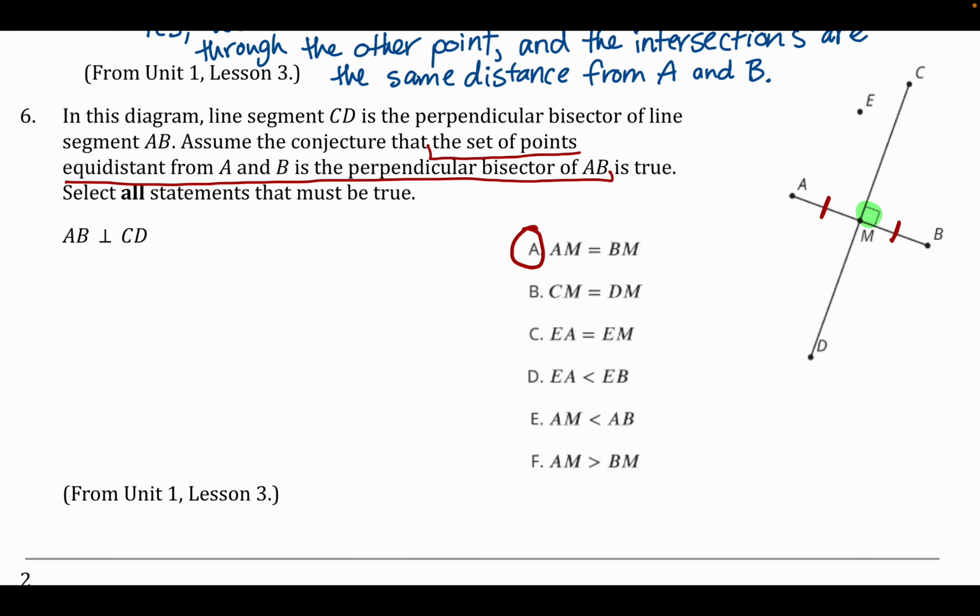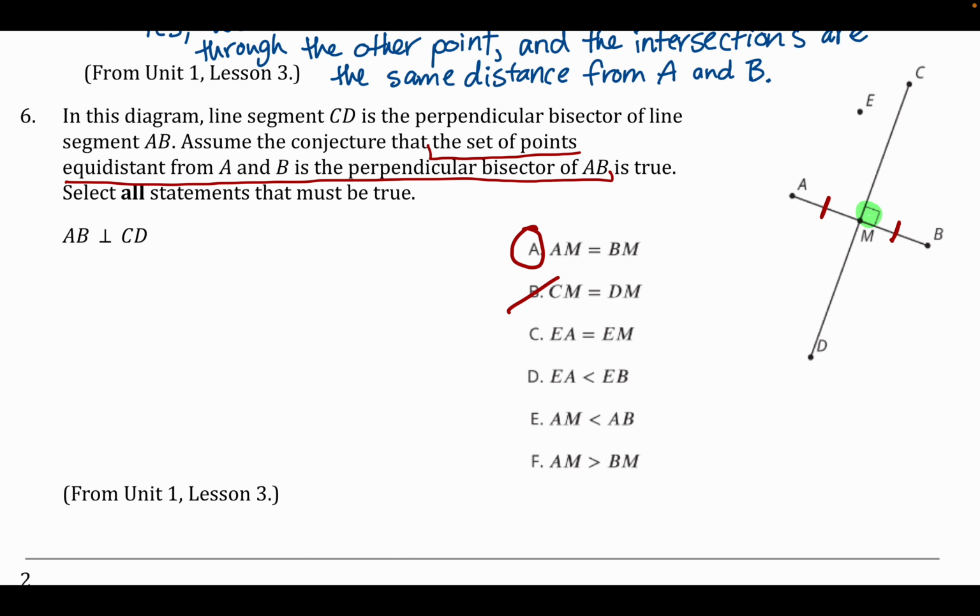Now, what else needs to be true here out of these statements? So let's look at the next one. It says that CM is equal to DM. Well, that is part of my perpendicular bisector, but we don't actually know if this piece is cut in half. This is the part that does the cutting, but it doesn't mean necessarily that it is itself also cut in half.